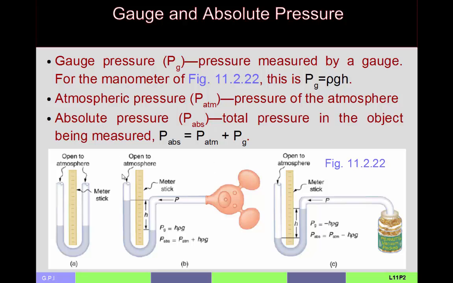And the absolute pressure of the thing whose pressure is being read by the gauge is going to be whatever the gauge pressure is plus whatever the atmospheric pressure is.